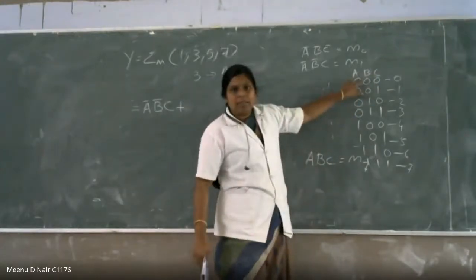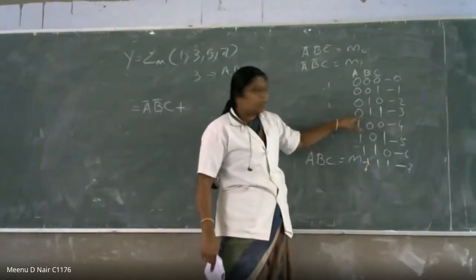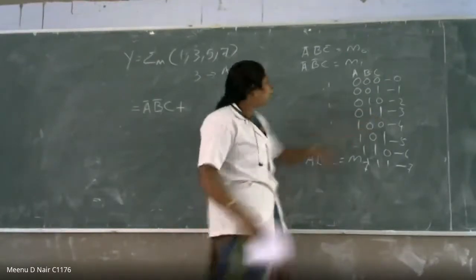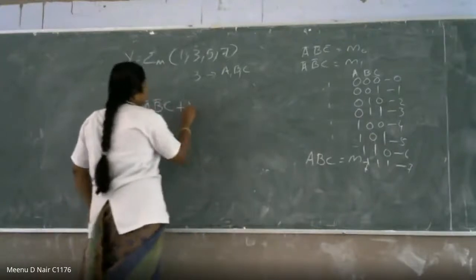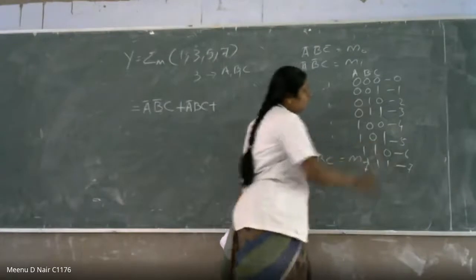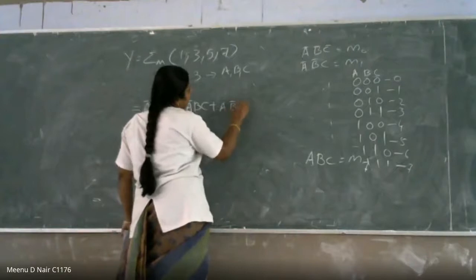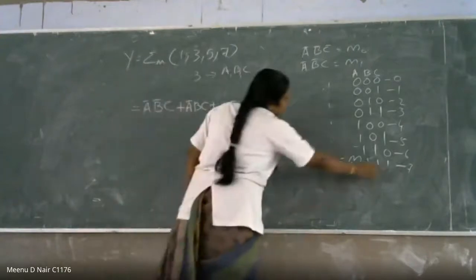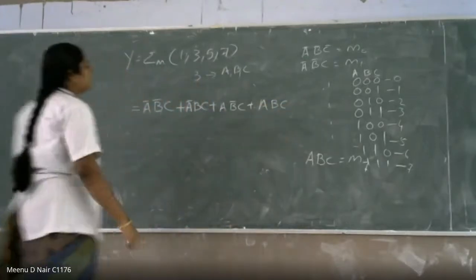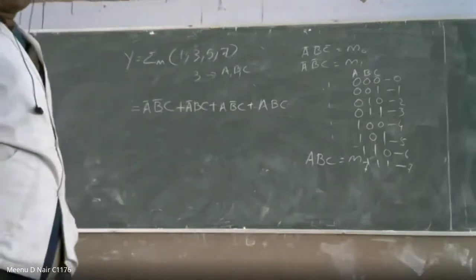First one is A, this one is B, and this one is C. 0 means A bar, and 1 means there is no bar. So A̅B̅C + A̅BC + what is 5? 5 is 101, which means AB̅C. Plus 7: 7 is 111, which is nothing but ABC. This is your expression. So what is the answer? You have to simplify and tell me that.